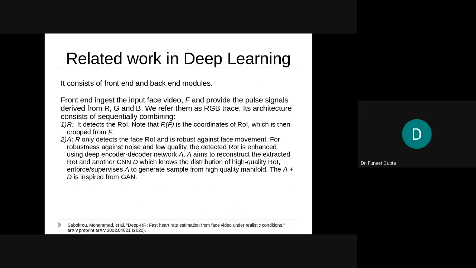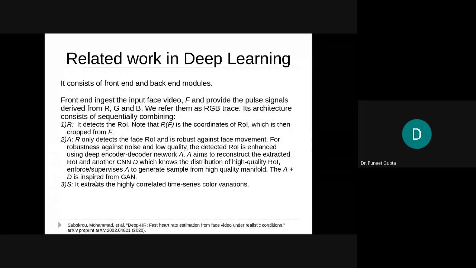Here there are different tasks. First is ROI detection, for which a deep neural network is used. Another one is denoising, for which something known as a GAN is used, again an encoder-decoder network to denoise. Some people have also used an autoencoder for denoising.